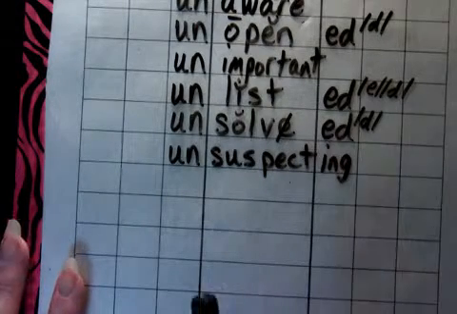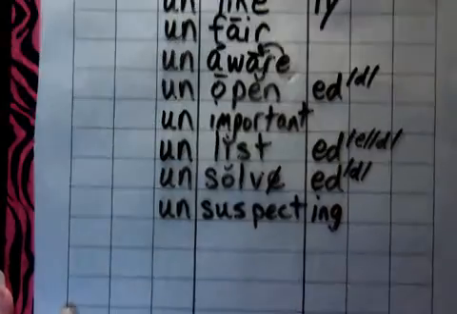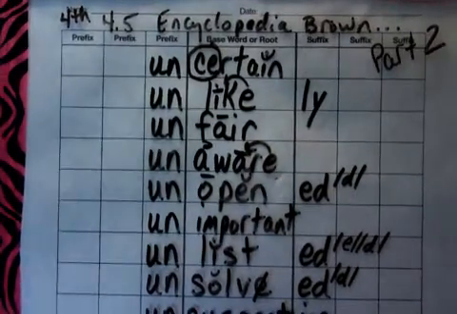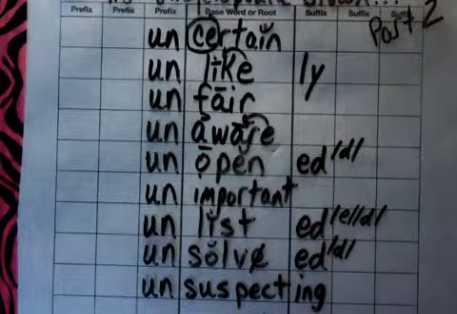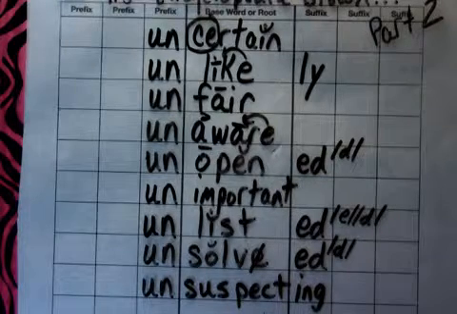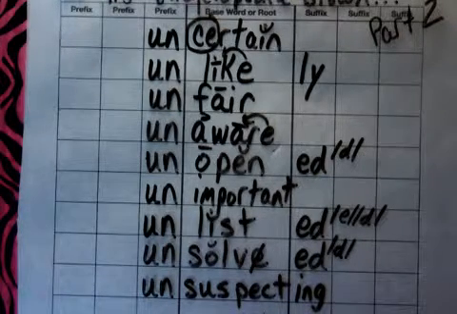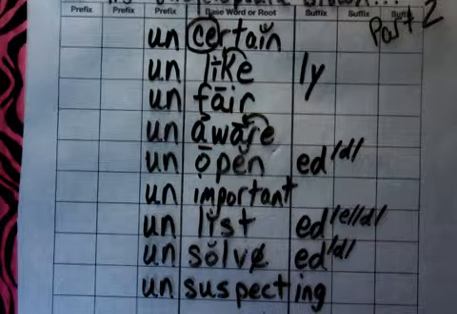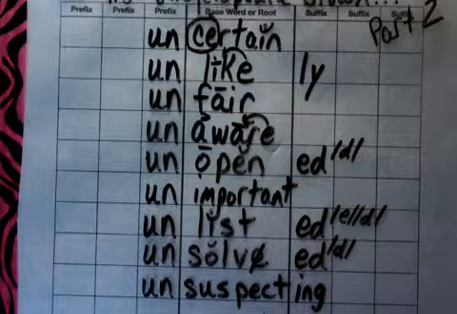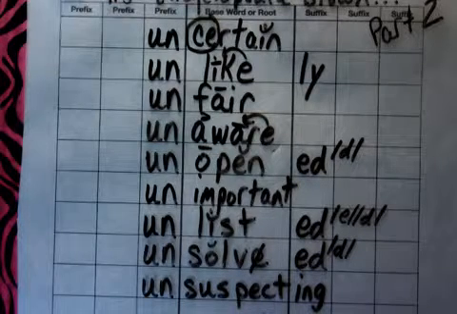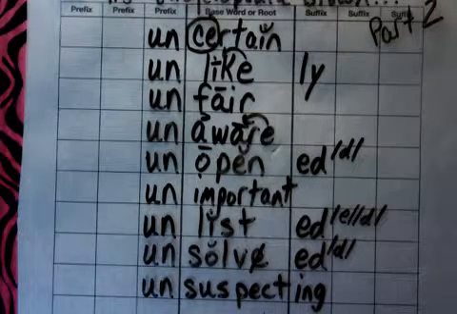Alright, so all of these are un, and that means not. The words on our other list were prefixes of dis and in, and they meant not. So you see how the words change, the meanings change when we add the prefix.